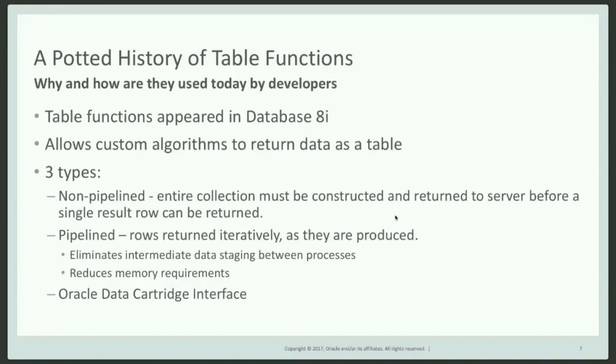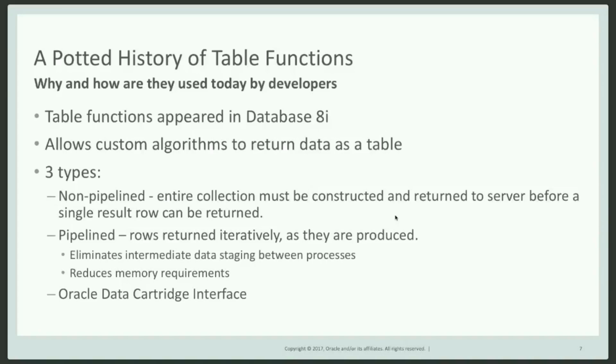And you basically had three types. You had a non-pipelined version where we had to build the whole result set, and then we would return the results to you. Everything had to be in place, all your formulas, your processing had to have occurred. We had to have the whole result set available, and then we would push it back to you.